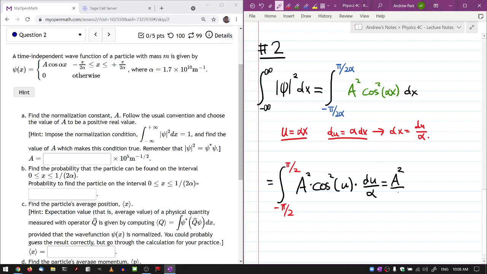I have a squared over alpha, that's one algebraic part, and note the special feature of this remaining part, the integral from minus pi over 2 to pi over 2 of cosine squared u du. This is an entirely numerical expression. You could do this even in a graphing calculator if you wanted to.